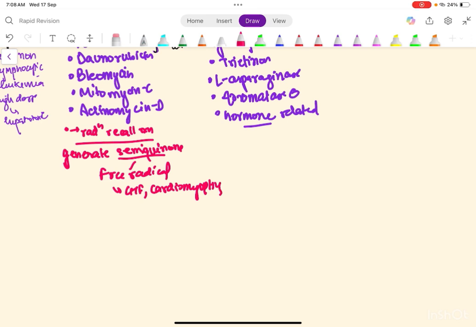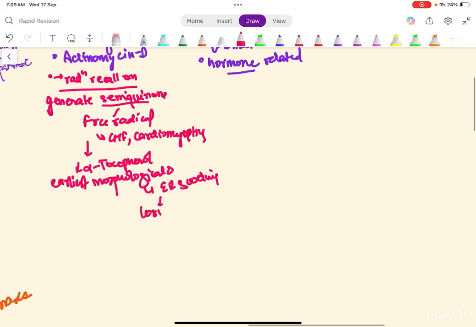Now this can be decreased by alpha tocopherol, and the earliest morphological change is endoplasmic reticulum swelling. Then there is loss of cardiomyocytes. That is what is called radiation recall syndrome. Basically there is erythema and desquamation of the cells.